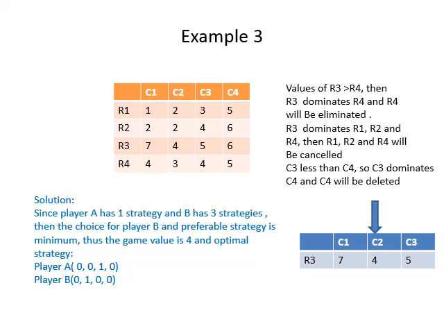Based on this operation, R1, R2 and R4 will be eliminated and C4 also will be eliminated. The remainder is one row R3 and 3 columns C1, C2, C3.